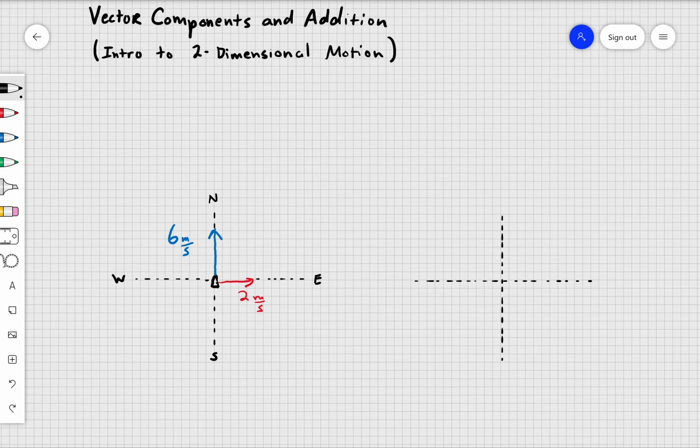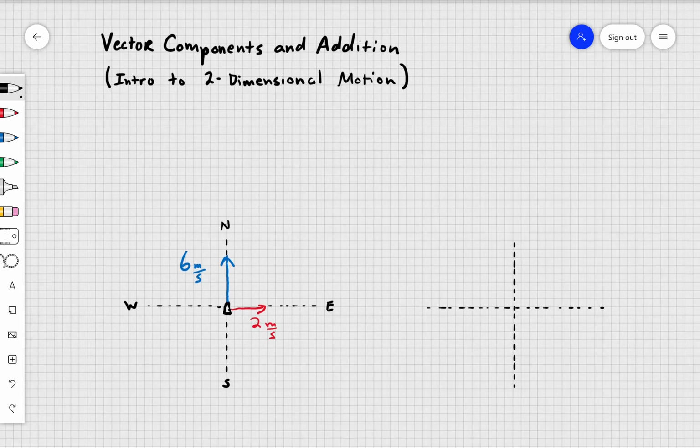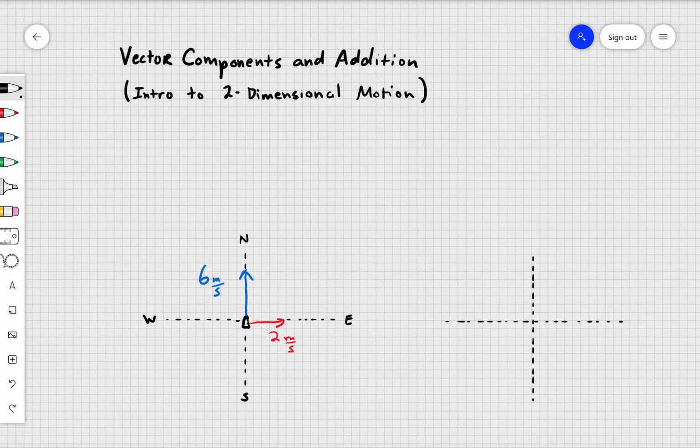So to do this graphically, first note that, as you have probably been able to determine already, we represent vectors with arrows, and the length represents the magnitude. It also points in its direction, so the arrow represents its direction.